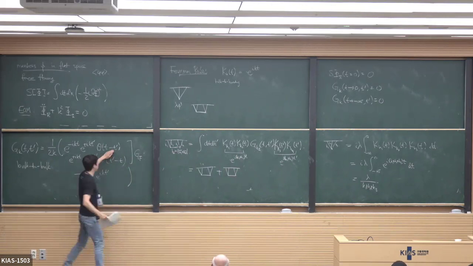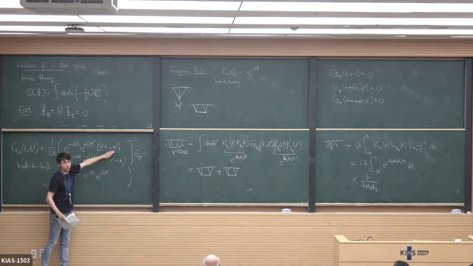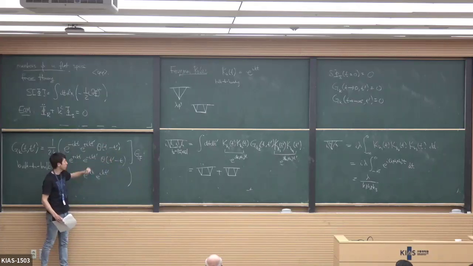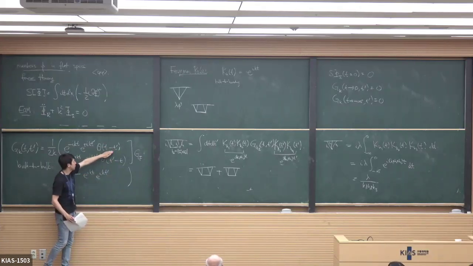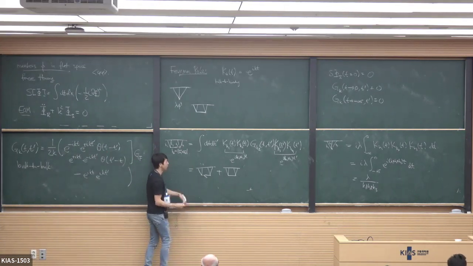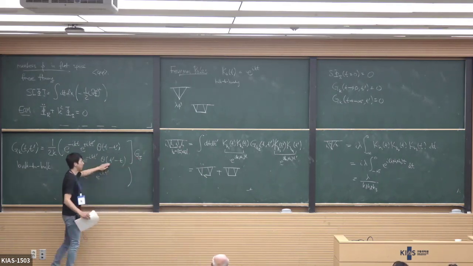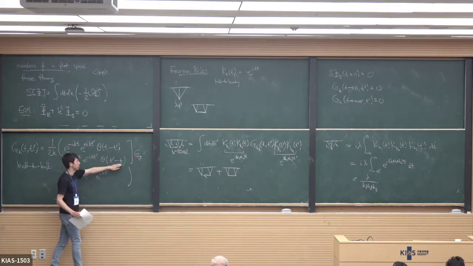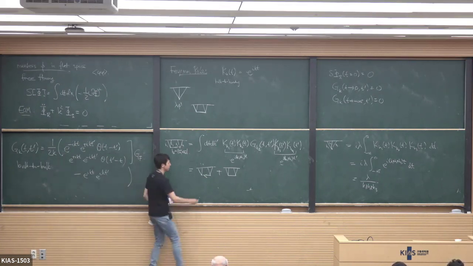When you have a theta function with t minus t prime, because these t's range from minus infinity to 0, this theta function means that this is only non-zero if t prime is smaller than t. So that means that there's a time flow from t prime to t in this way, and the second term implies that there's a time flow from t to t prime, so the time flow is in the other way.